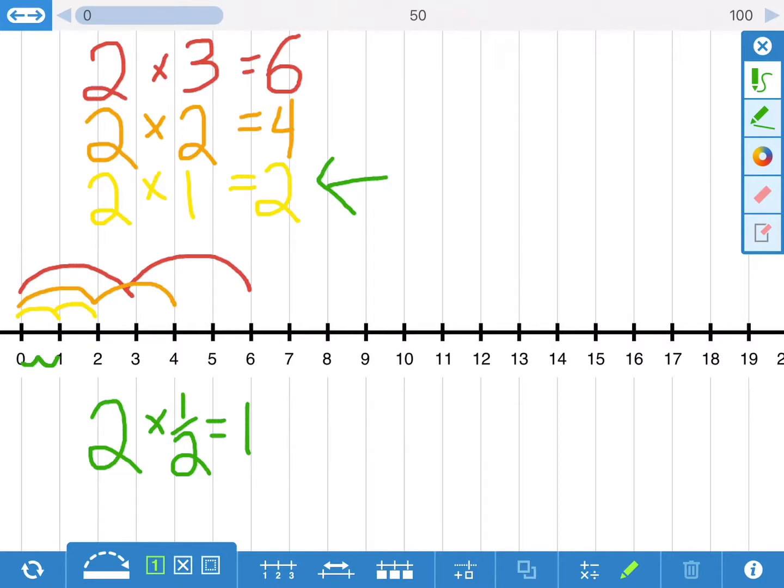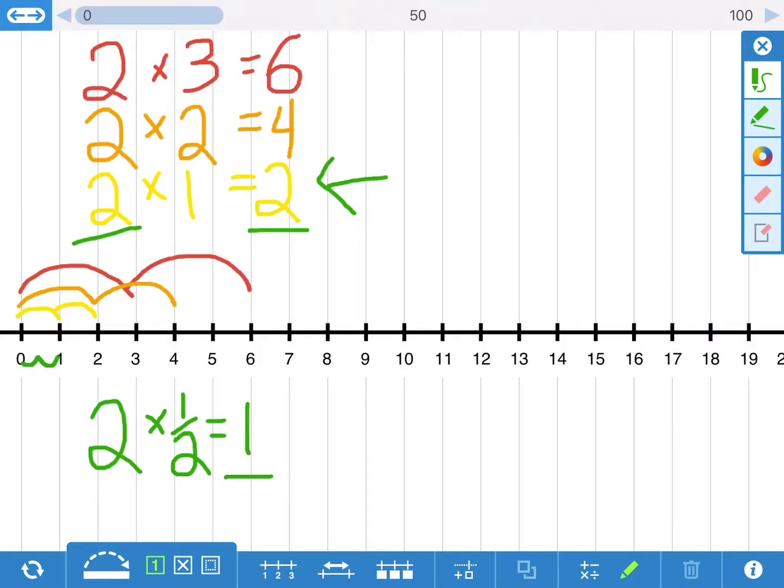In this case, 2 times 1 equals 2. The product is equal to one of the factors. So that should open the door to a consideration that perhaps the product can be smaller than the factors, which is what we have over here. Okay?